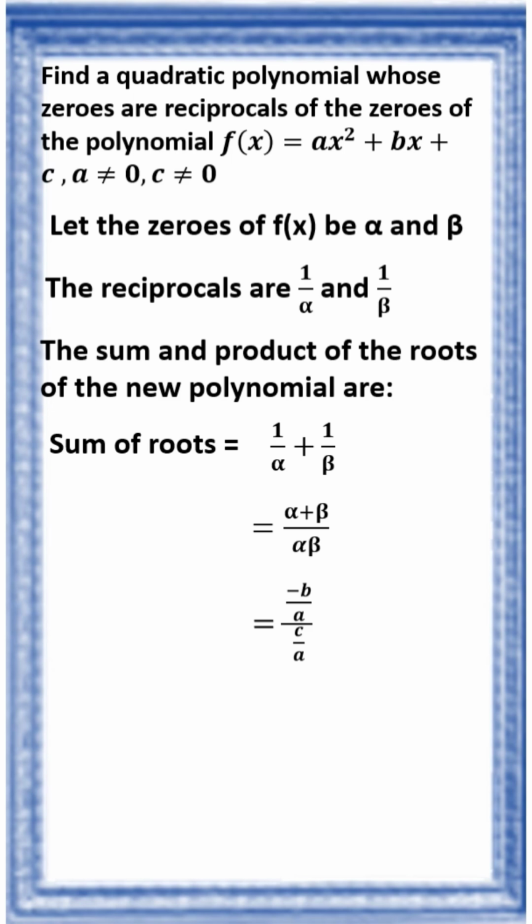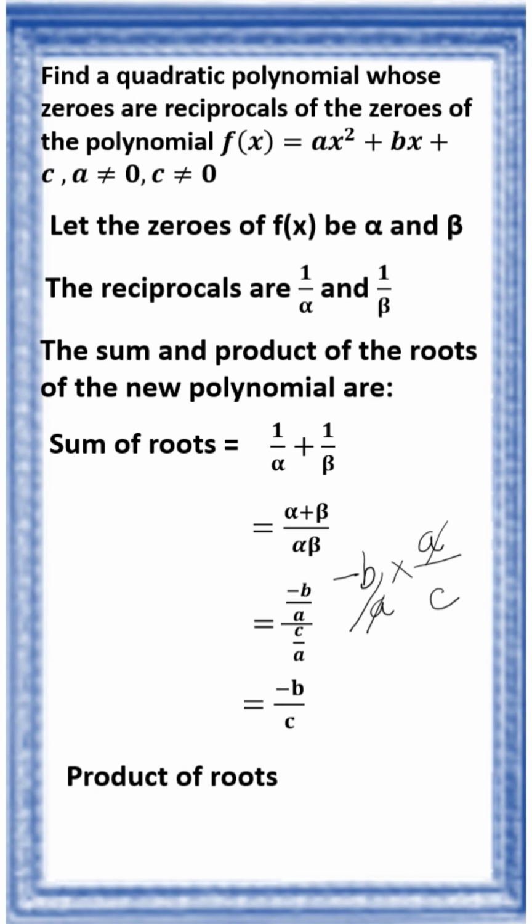Whenever we want to divide, what we have to do? We have to take the reciprocal of the denominator, a by c. Here a and a get cancelled. So the sum of the roots is minus b by c.